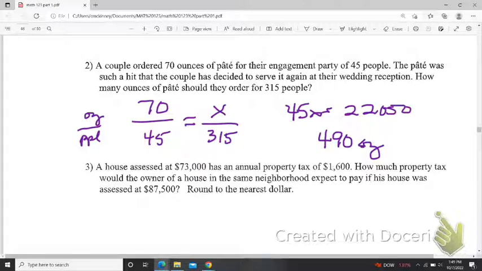So many, many things are proportional, like property taxes are based on the assessed value of a home. There are some additional exemptions and other things that can figure in, but in general.